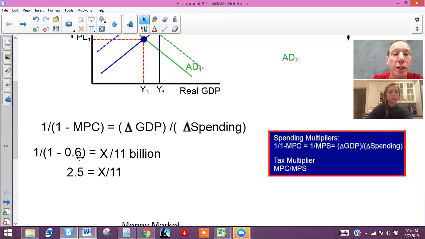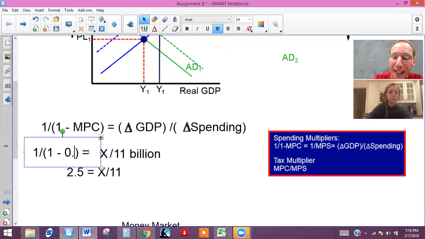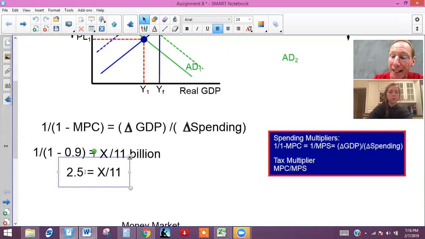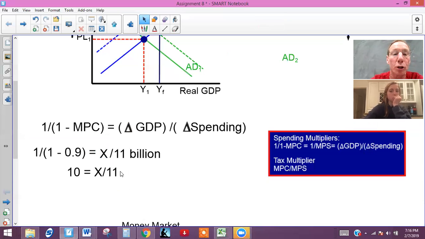For example, if I put 0.9 in here, say everyone spends 90% of their income, this changes to 10, because 1 divided by 0.1 is 10. So now we're up to 110 billion. The marginal propensity to consume makes a huge difference in your actual change in GDP.